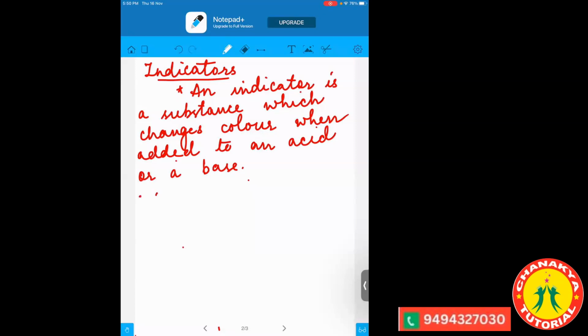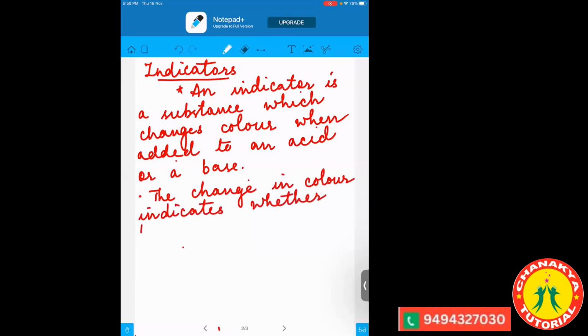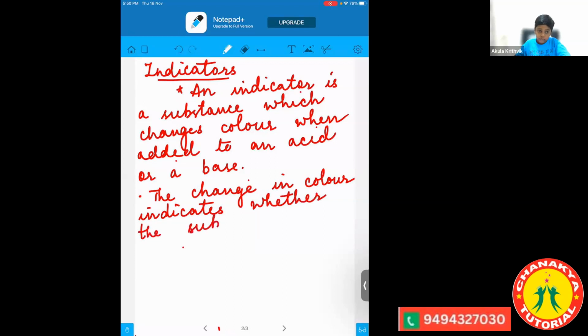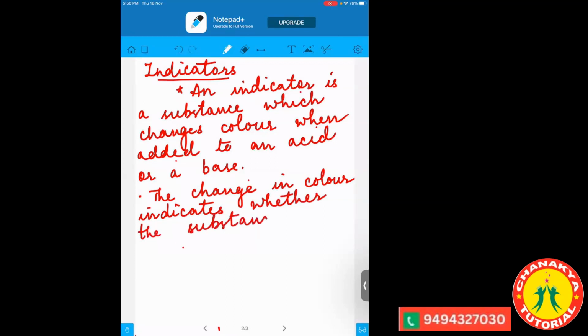So the change in color indicates what they will be, acidic or basic. Whether the substance is acidic or basic, they will tell us according to the change of color.